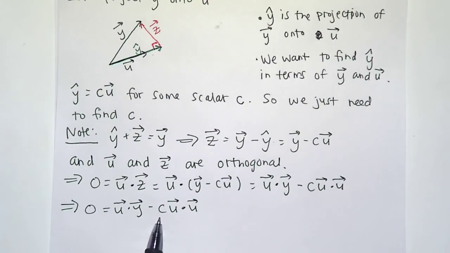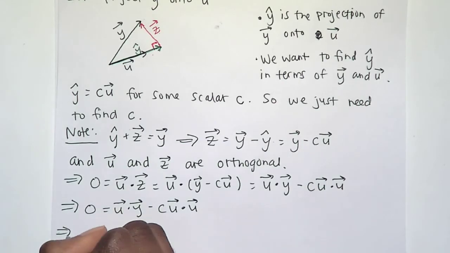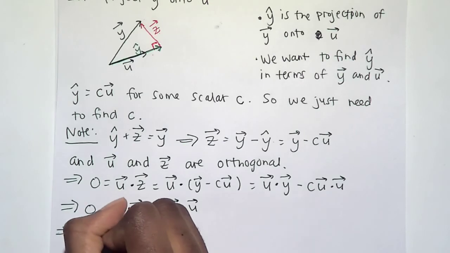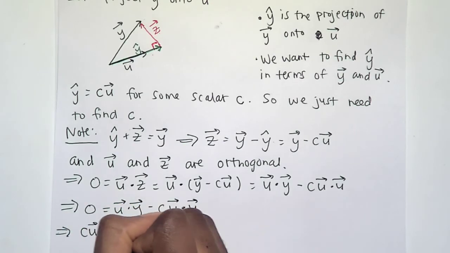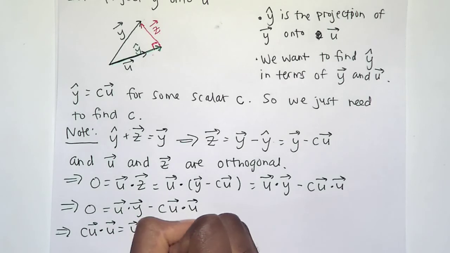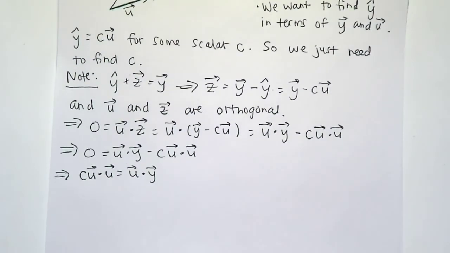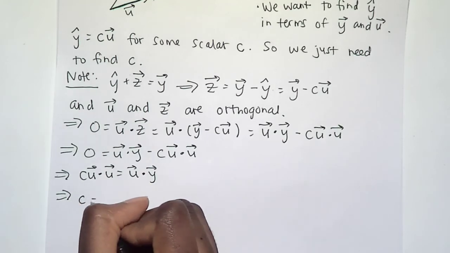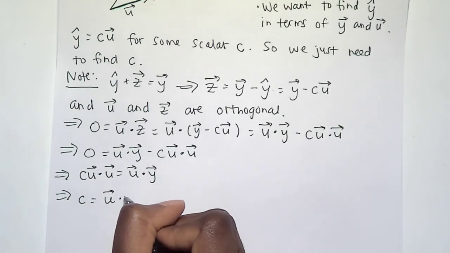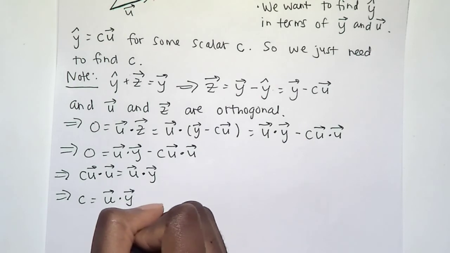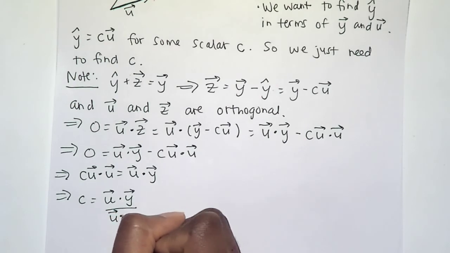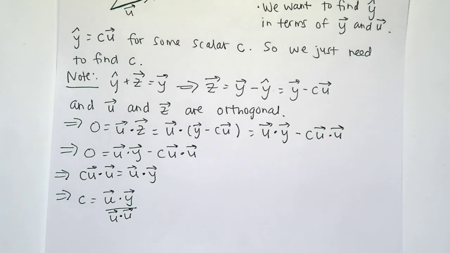We now have an equation that has c, so we can solve for c here. So what I'm going to do is move this part to the other side. And then we can divide, and then we'll have c. So c is u dot y divided by u dot u.